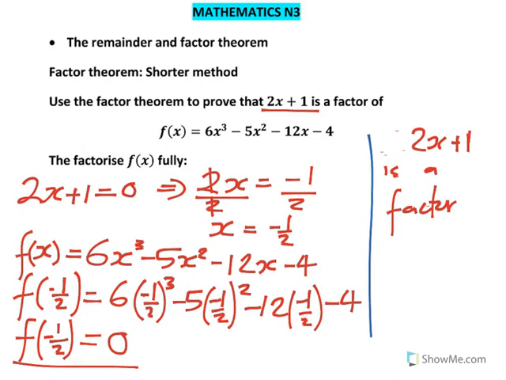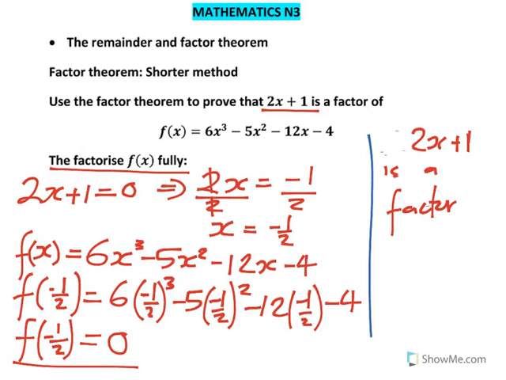Alright, now the question says factorize fully. When they say factorize fully, what you need to do is the long division method that we did. But now, I'm going to show you a shorter version that you can use when they say factorize fully. Now, how do you factorize fully?